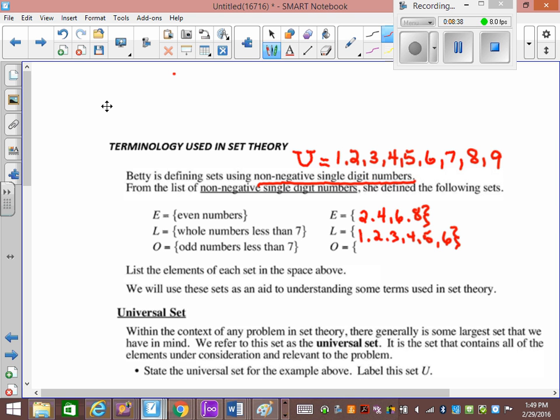And I told you your universal set are the numbers 1 to 9. Okay? So even though 0 is a whole number, it's not part of the universal set, so I can't include it. Universal set is the numbers that I'm only allowed to have. Odd numbers less than 7. So 1, 3, 5. I can't include 7. Okay?